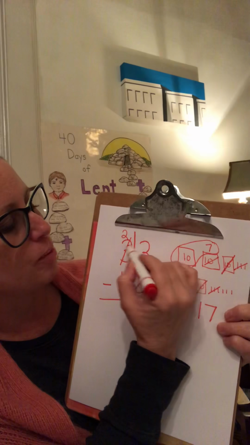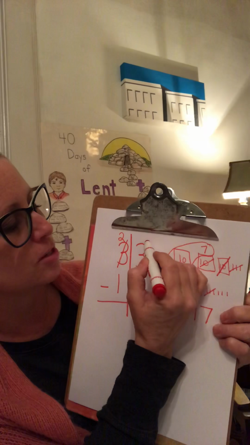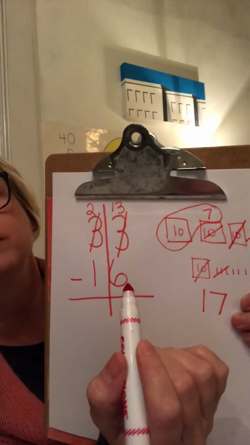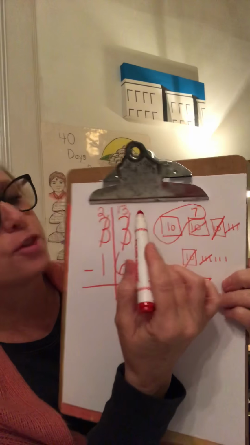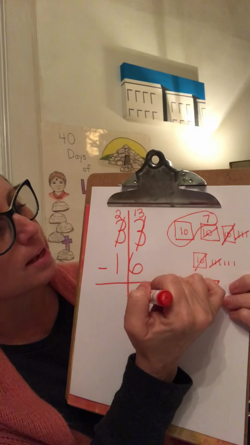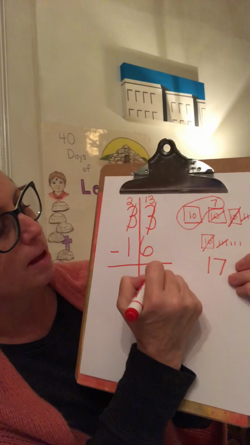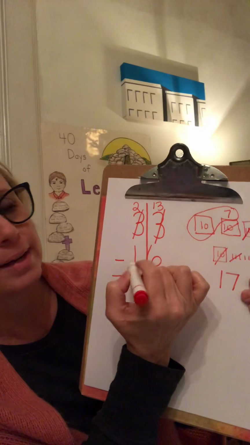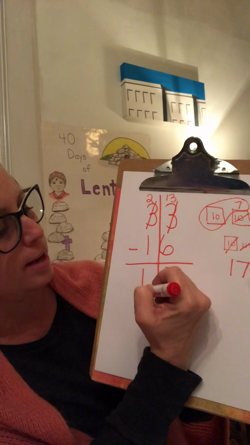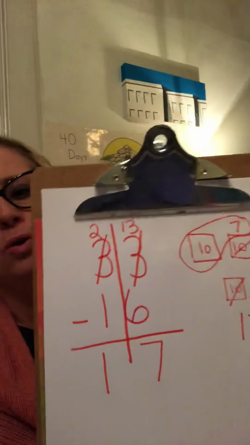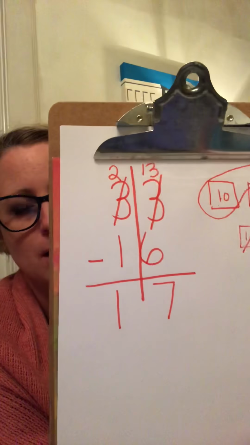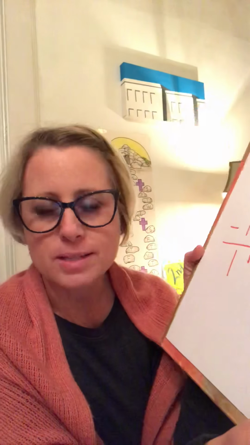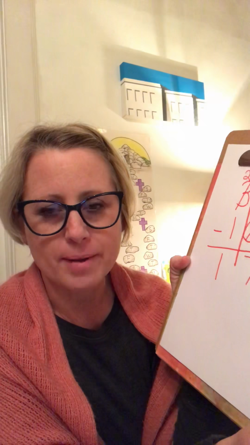And then you've borrowed the 10, so 10 plus 3 is 13. Okay? So 13 minus 6 is what? 7. And 2 minus 1 is 1. So that's just a quick little lesson on how to do regrouping or borrowing. You don't need to know how to do that yet, okay?